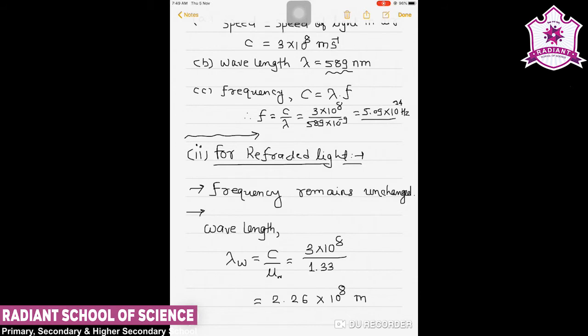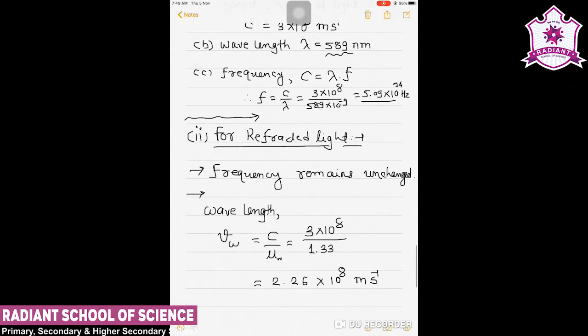Actually, the value of speed, here we have written a little bit wrong, we have to first find the speed. So this is the formula for the speed. Velocity in water is in meter per second.